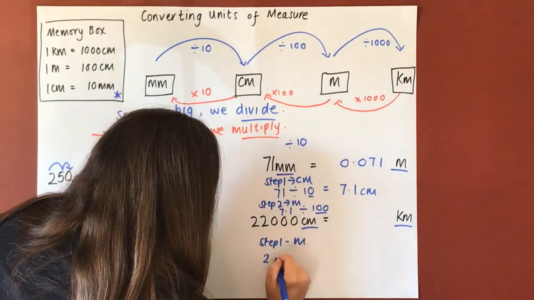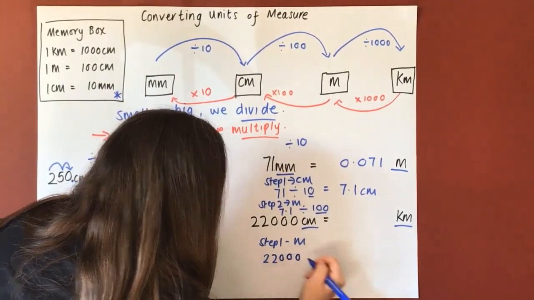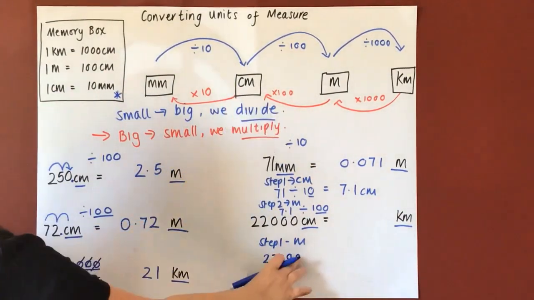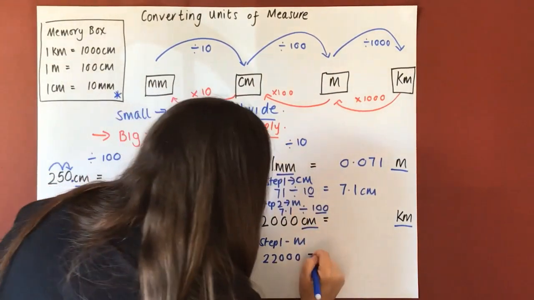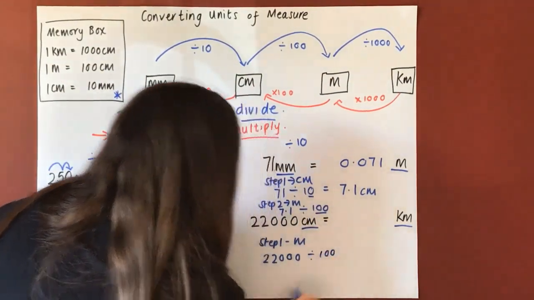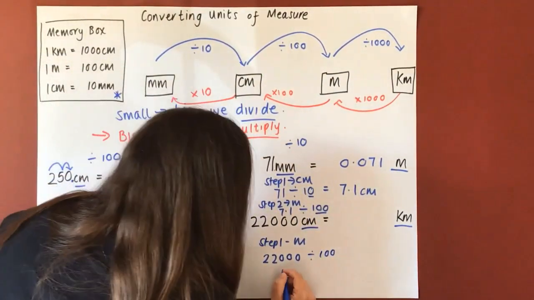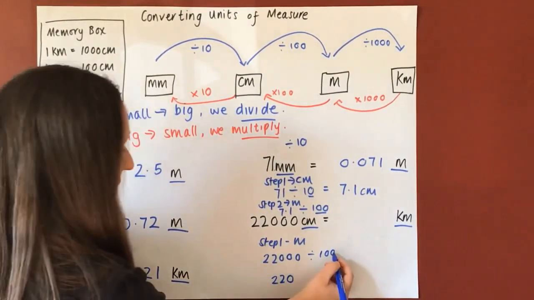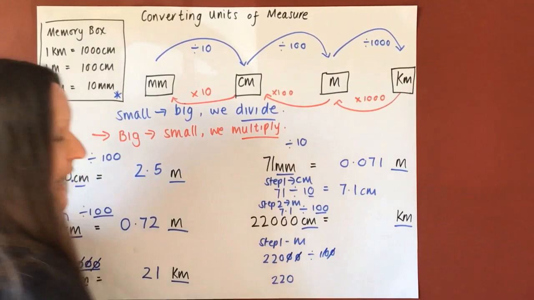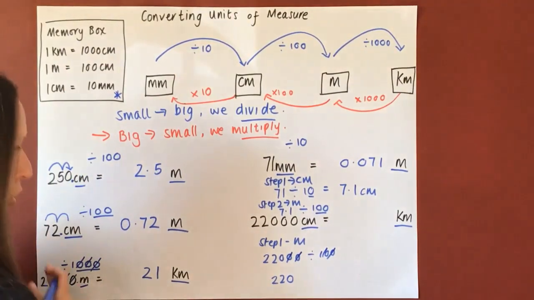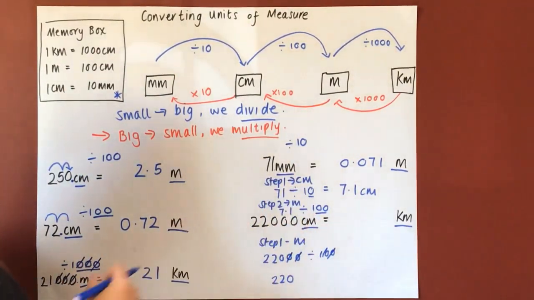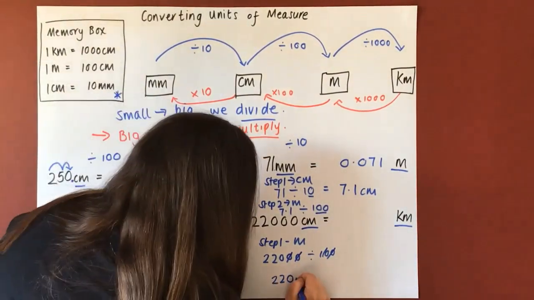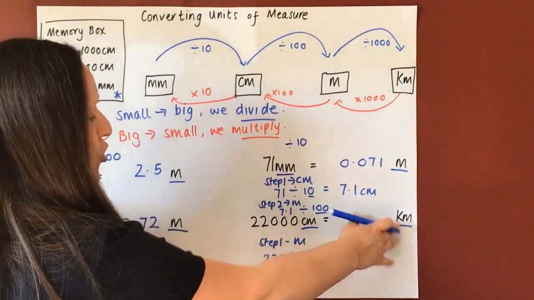So that would be 22,000. We then need to divide by 100, which would give us 220. Again, cheekily, I can just cancel out the zeros, or you can do it as a place value and shift the number to the right. That now gives me my metres, but obviously I now need to get to kilometres.